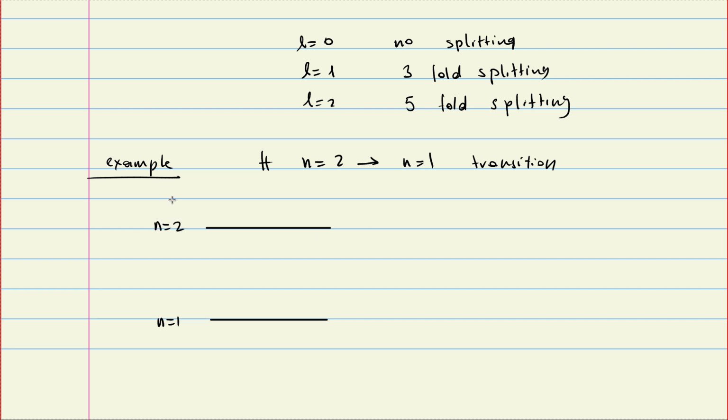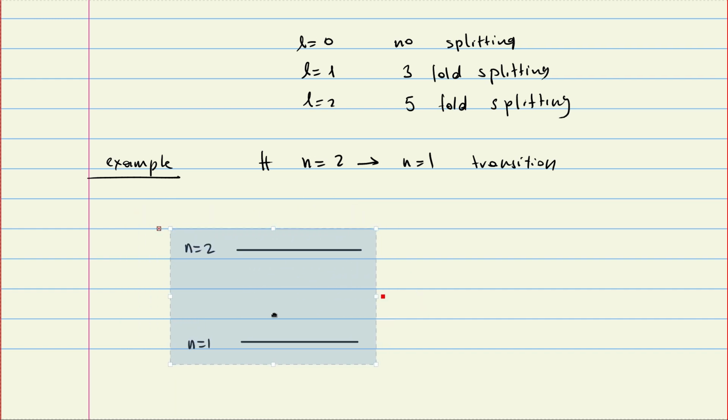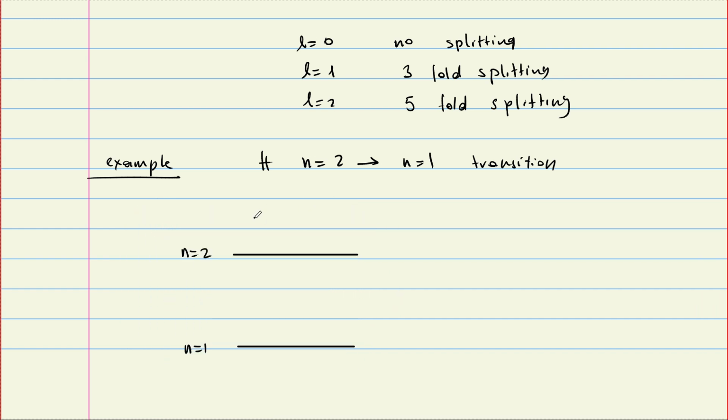And suppose I start the experiment with B is equal to 0. First, there is no magnetic field. And there is some transition. This is some, let's call it h bar omega naught.